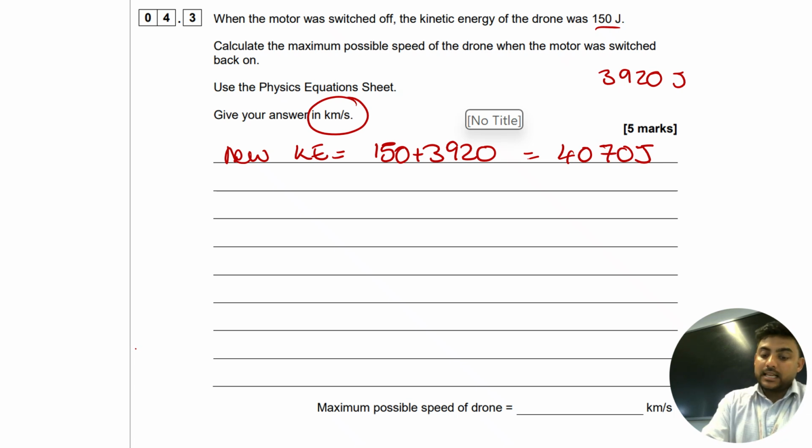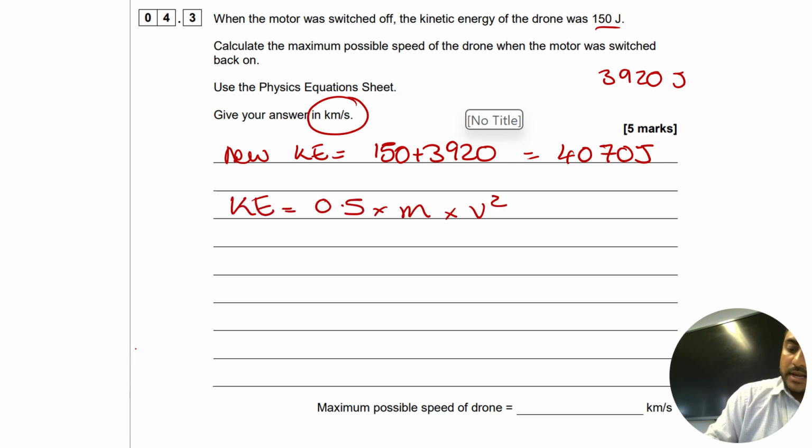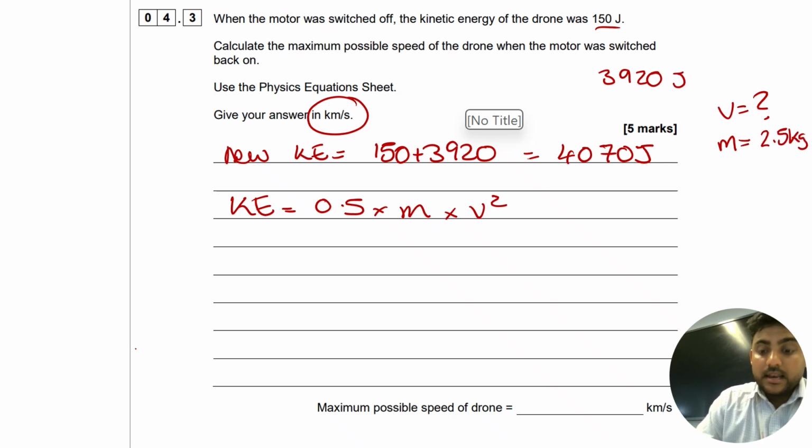We are asked to calculate the velocity or the speed of the drone. The equation that links kinetic energy with velocity is KE = 0.5 × m × v². V we don't know, that's the velocity, but we do know m. That's the mass of the drone, and it's 2.5 kilograms. Next, you substitute the numbers into the equation.